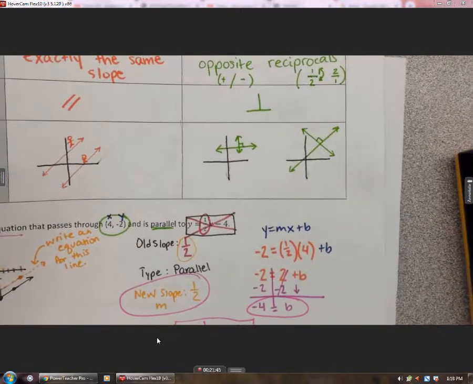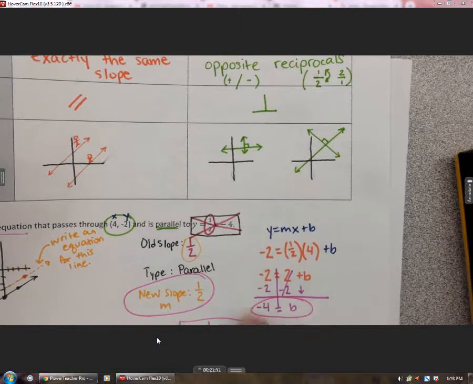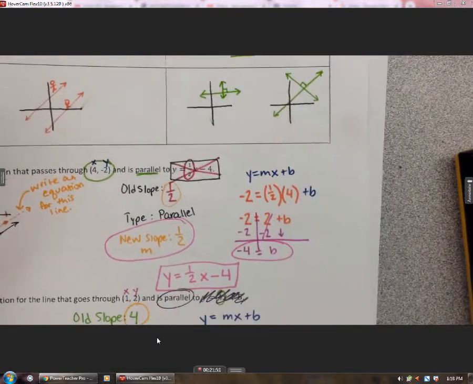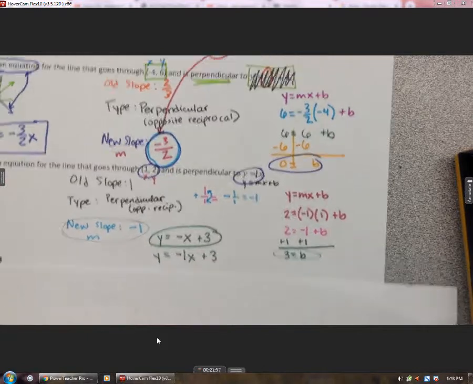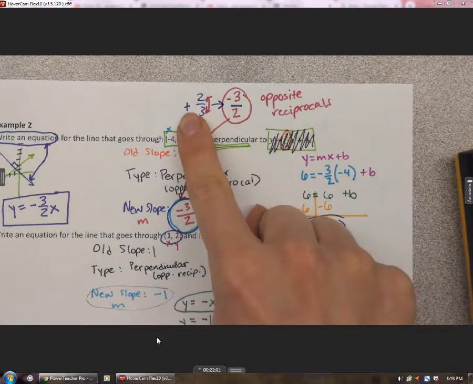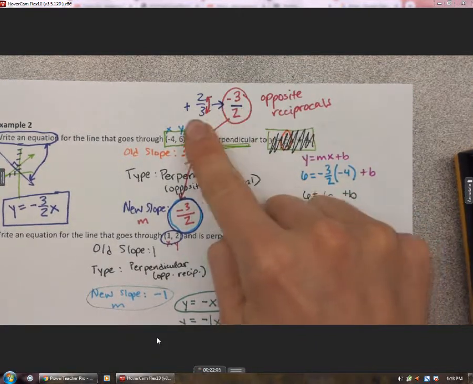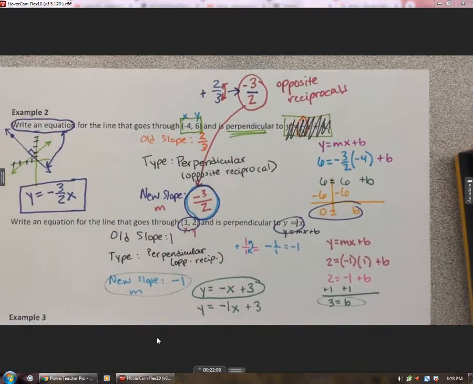We're just borrowing the old slope and applying it to our new equation. That gives you your ingredient, and then you solve and you're done, like we've been doing for 2 days. Perpendicular lines, the only new piece of information really here is opposite reciprocal, where you have the number, you flip it and change it if it's positive to negative, if it's negative to positive.